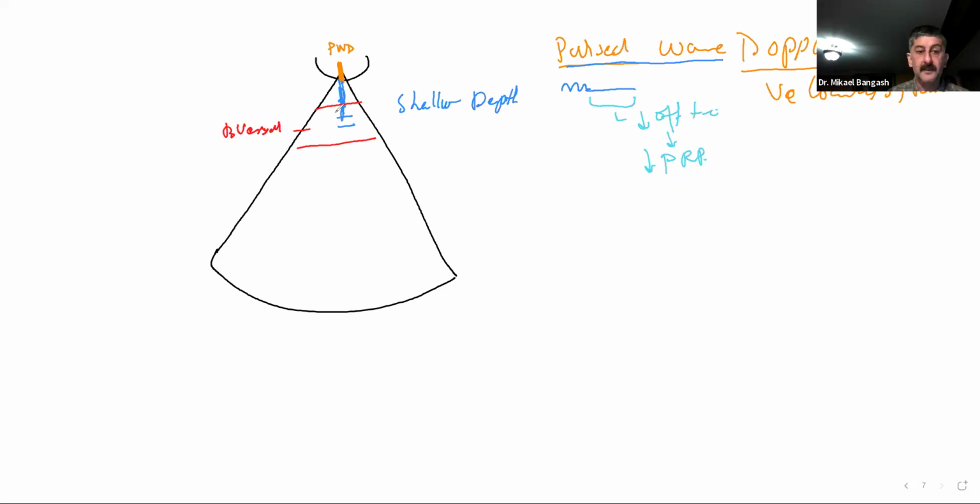It has to be kept inside the blood vessel for you to be able to measure the velocity of the blood. Did you guys get that? But in this case, for now, we kept it at a shallow depth. There may be a case where the blood vessel is all the way down here.